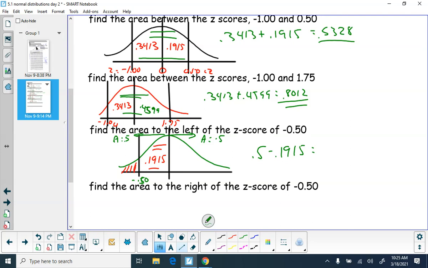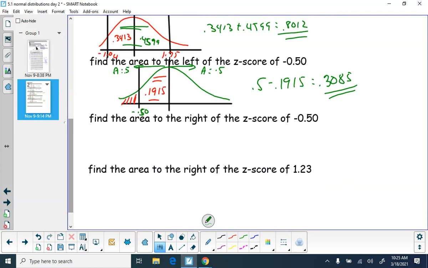Isaac, what do you come up with? And once again, show me what you're doing here. What would be the area to the right of that z-score?